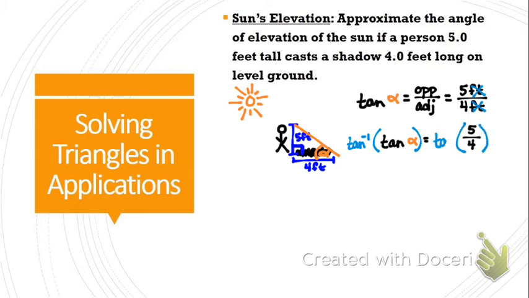So we're going to use the inverse tangent of 5/4, because that's how I get alpha all by itself. What is inverse tangent of 5/4? How much? 51.34 degrees.